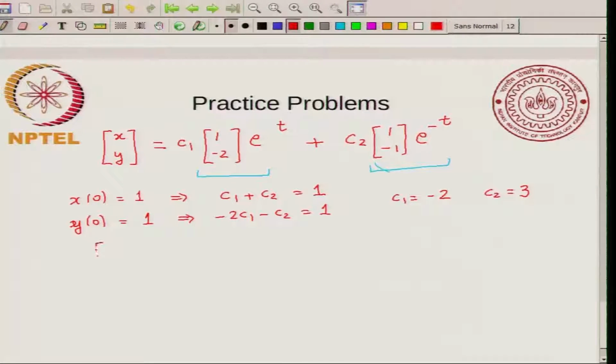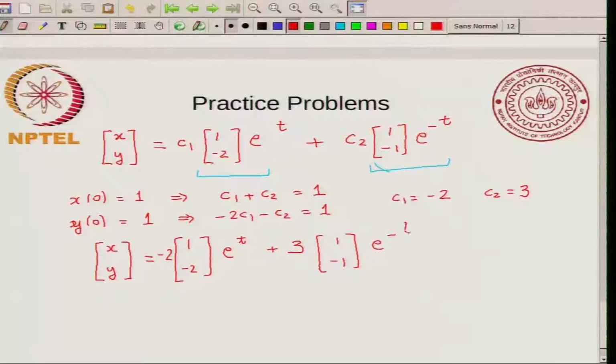So I can write my general solution in the following form: x y is equal to 1, minus 2, e raised to t, plus or minus 2, plus 3, 1, minus 1, e raised to minus t.